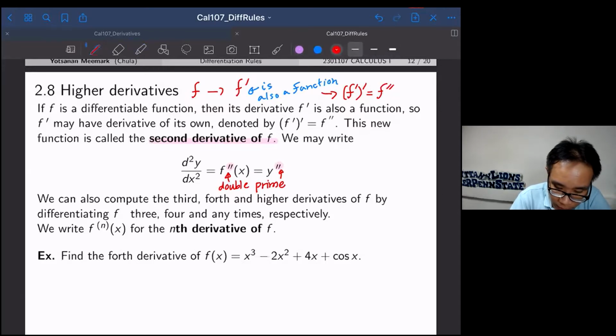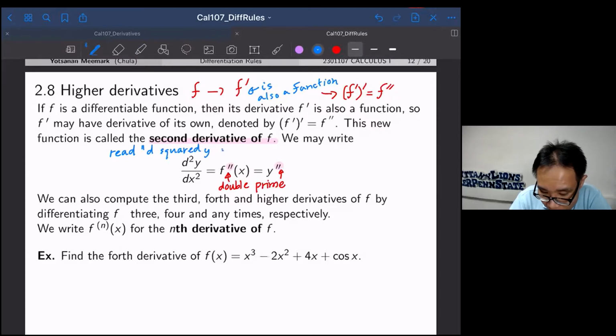Some people read it as d2y dx square, or you can just read it as d square y dx square.